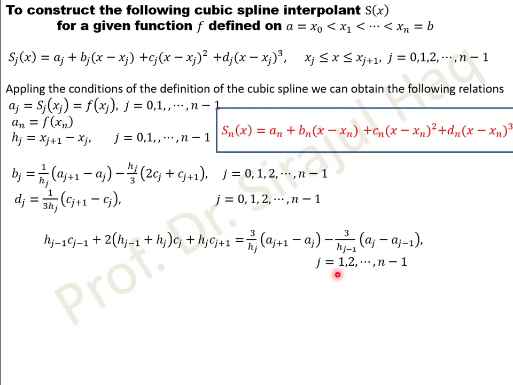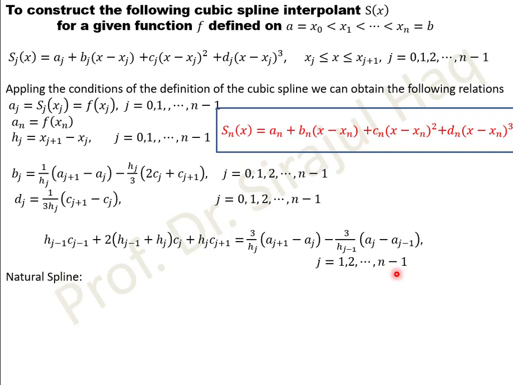But if you look at this system, there are n minus 1 equations. We need 2 more equations. And where will these 2 more equations come from? They will come from the boundary conditions.